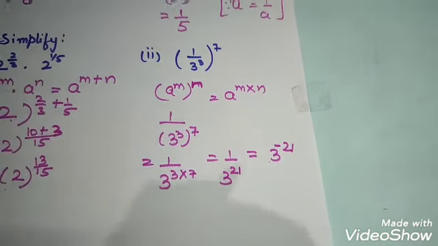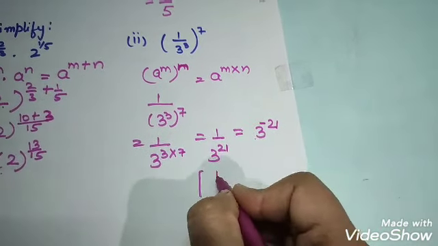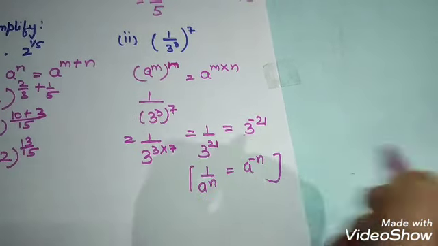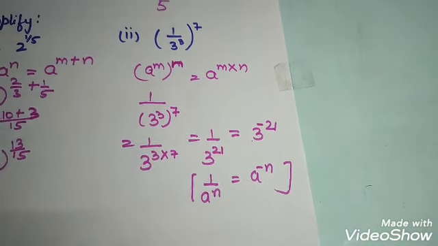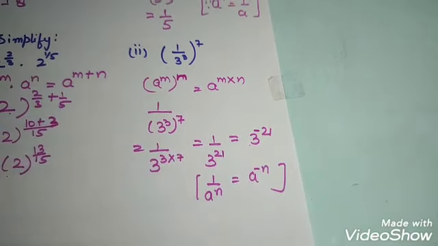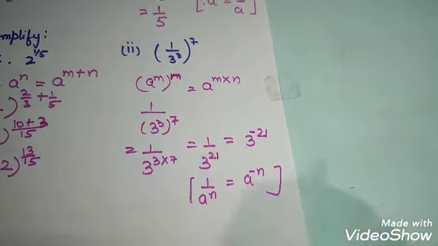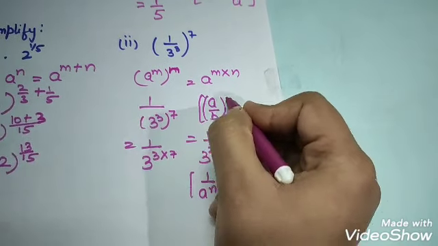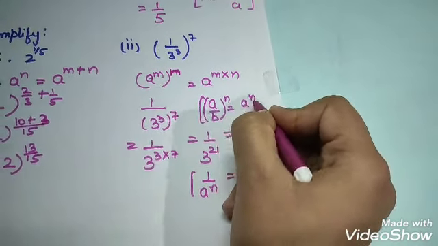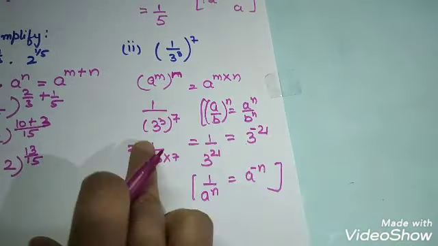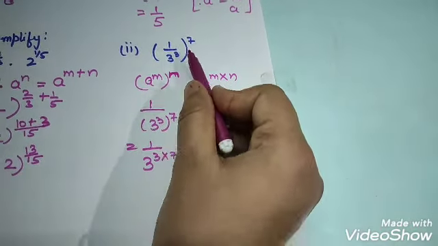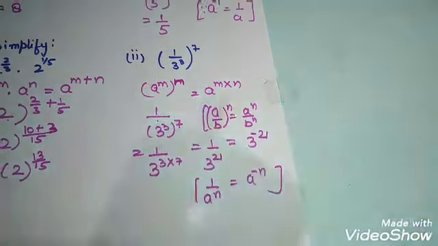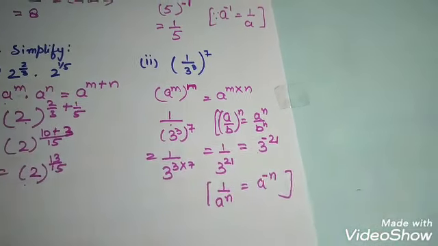Look, here we have used 1 upon a to the power n is also written as a to the power minus n. And here, a upon b to the power n can be written as a to the power n and b to the power n. So 1 to the power 7 is 1, and 3 to the power 3 to the whole power 7 will also become like this.